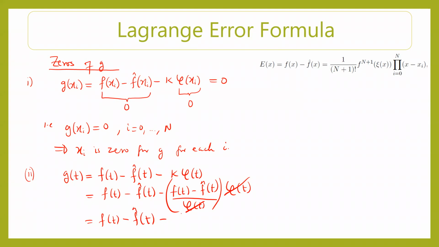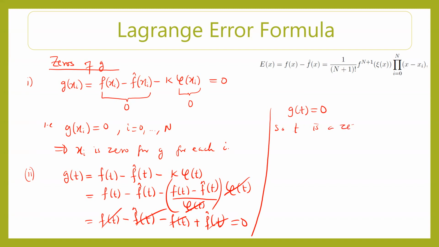If I distribute this negative, I have f of t, then plus f hat of t. So f of t cancels out, f hat of t cancels out, so I get 0. It means that g of t is also 0. So t is a zero for g.